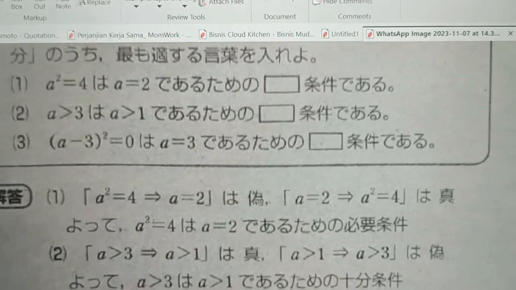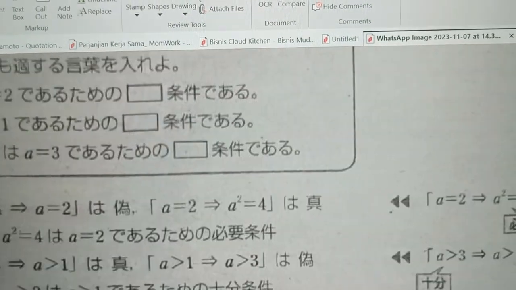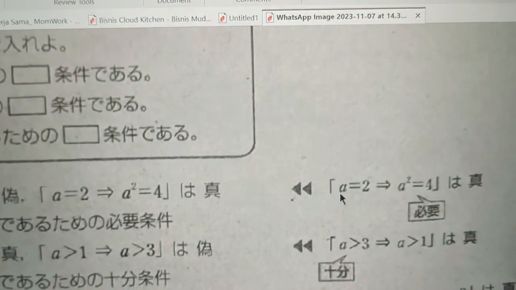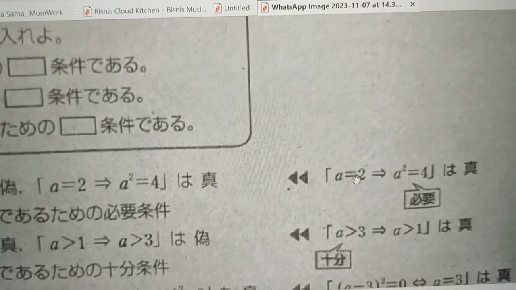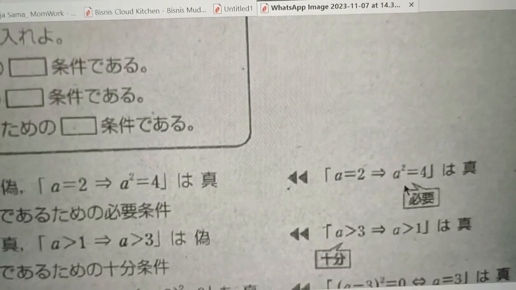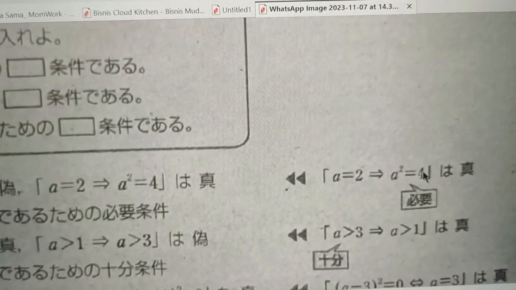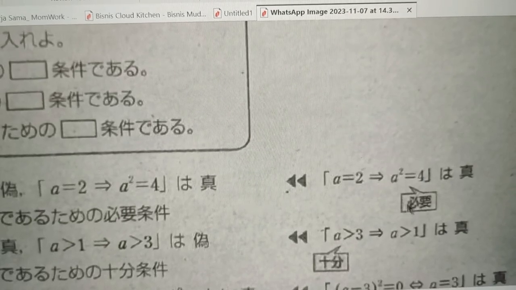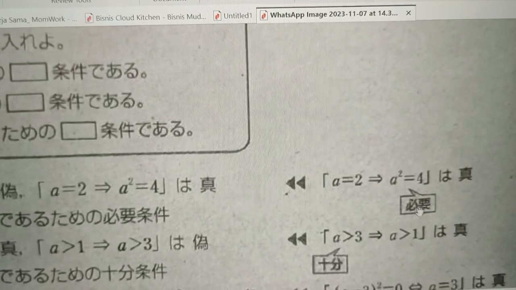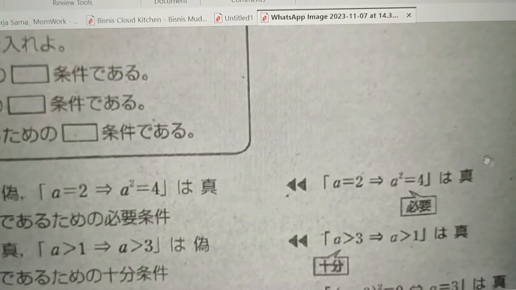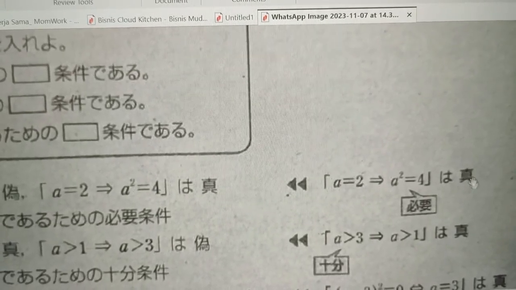For you to understand, if a is equal to, it means the a square is 4. This is hitsuyo joken. This is necessary to make it correct, to make it into shin.